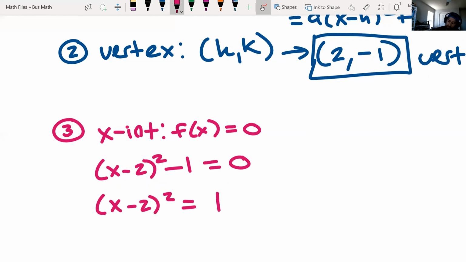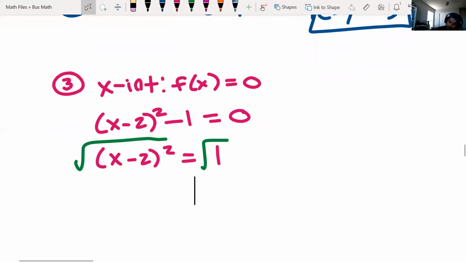And then to solve for x, we're going to square root both sides. Here we get x minus 2 equal to plus or minus 1.